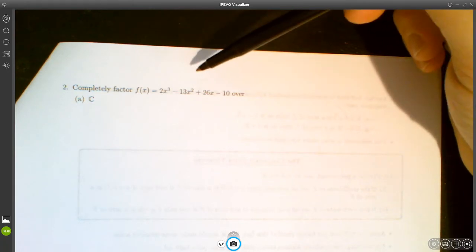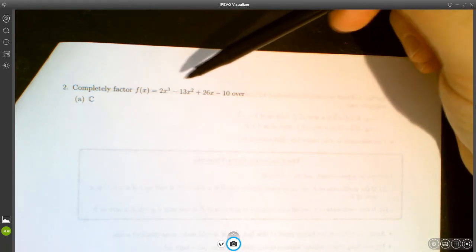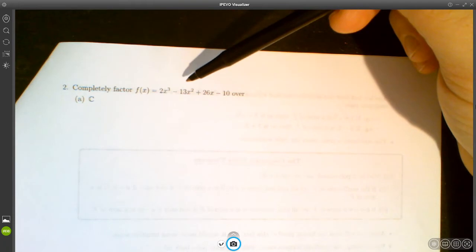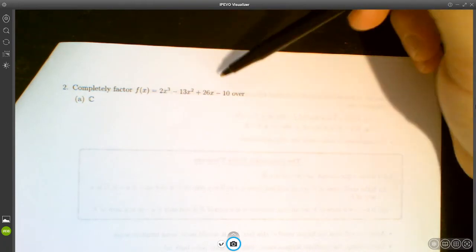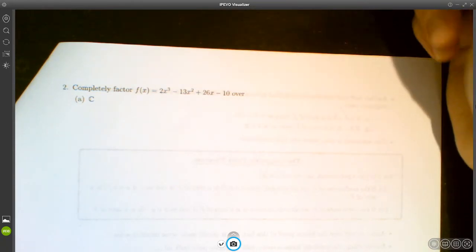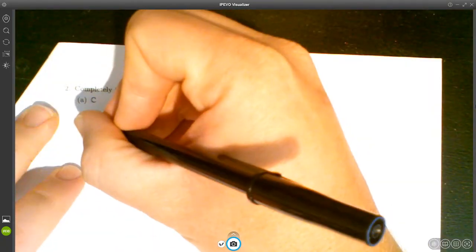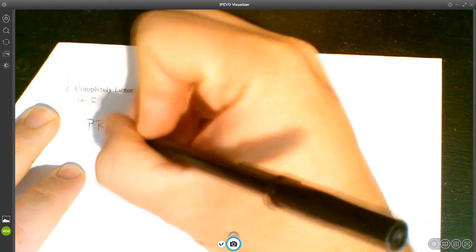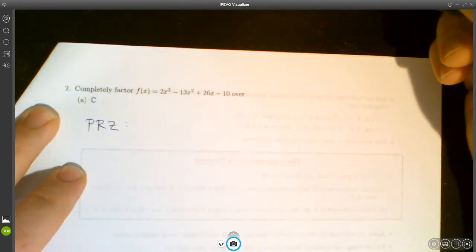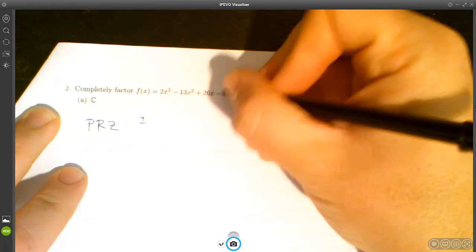And so that means that my only recourse is to use the rational zeros theorem to see if I can find any rational zeros that this polynomial might have. So let's make a list of the possible rational zeros. These are going to be plus or minus factors of 10 over factors of 2.